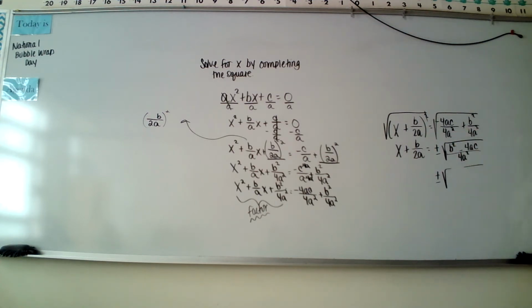Otherwise it would be too messy the other way. Now I can take the square root, because I can't really do anything to the top, but I can take the square root of the bottom.